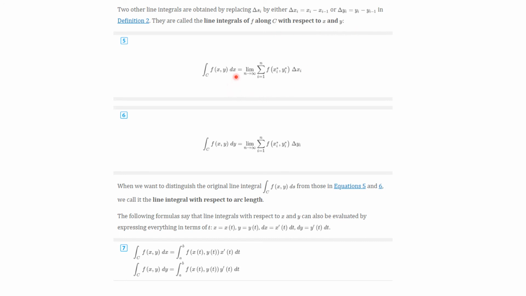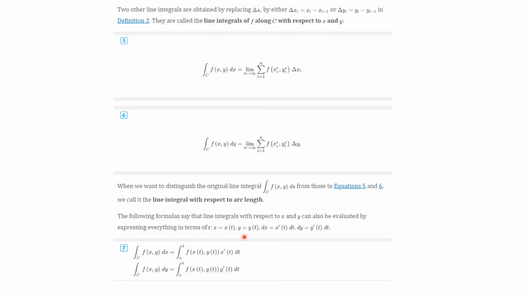When you're just going over x, it's the standard kind of Riemann sum, but you have to realize that you're going over the values of C. So this is what we have for the x component, and this is what we have for the y component. Now we want to distinguish the original line integral, the integral over C, so we call this the integral with respect to arc length.